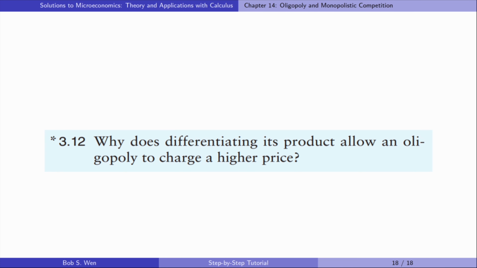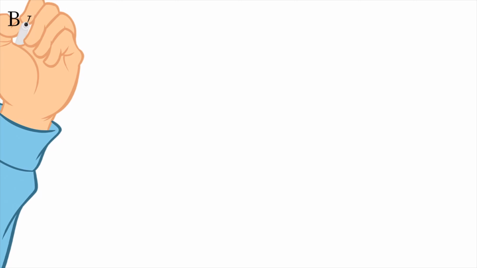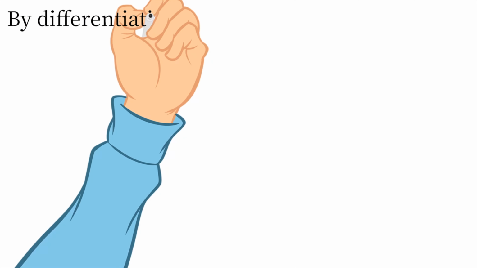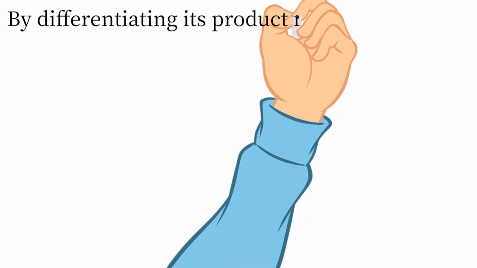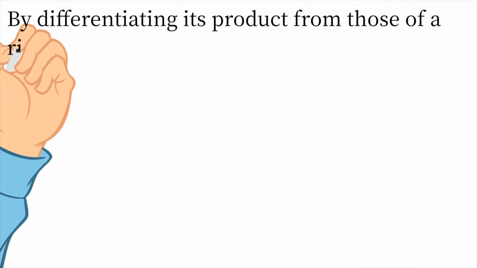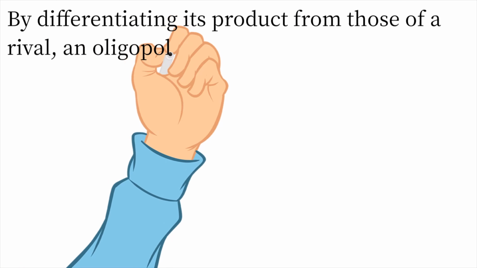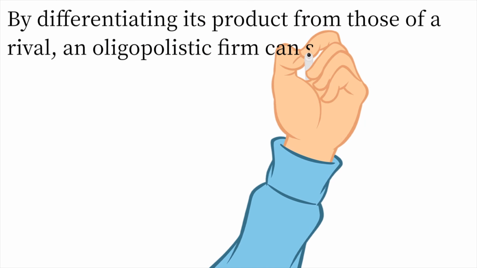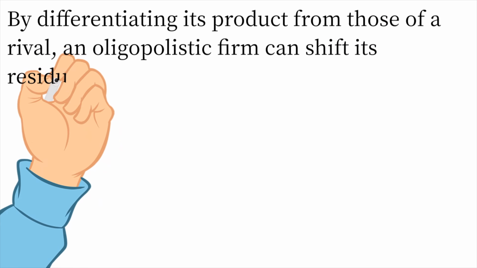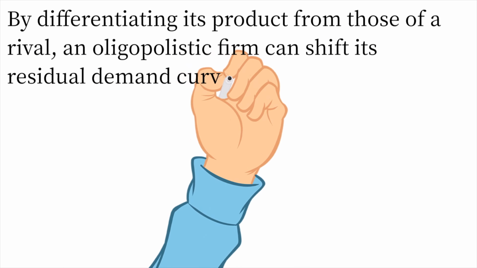Let's go to exercise 3.12. Why does differentiating its product allow an oligopoly to charge a higher price? By differentiating its product from those of a rival, an oligopolistic firm can shift its residual demand curve to the right and make it less elastic at the equilibrium.